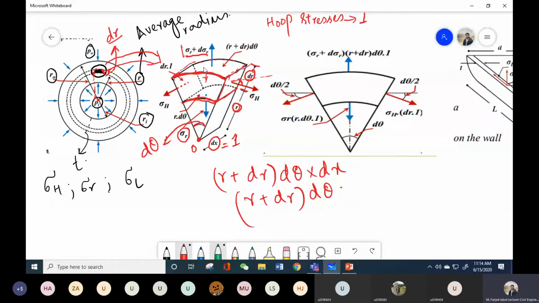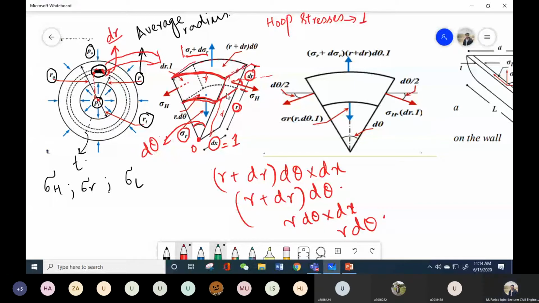Similarly, for the bottom layer, the arc length is r into d theta, and the area is r d theta into dx. Since we are doing it for unit length, the area will be r d theta.